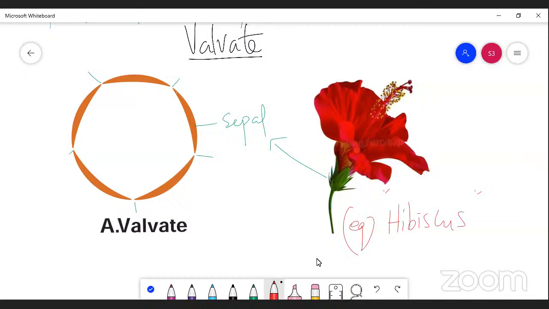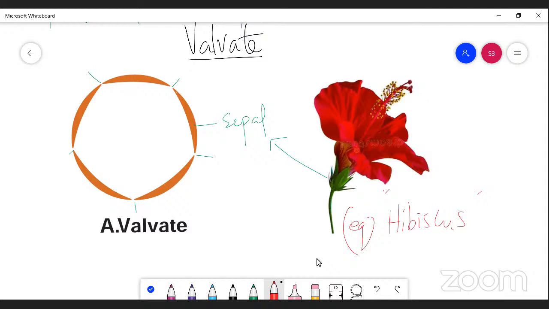I repeat once again, valvate distribution is a type of aestivation in which there will be 5 sepals, all arranged without overlapping, but their edges slightly met or fused at the base, right? For that I have given an example, Hibiscus rosa-sinensis. In that, the green part of the flower, a group of sepals, is called the calyx. The calyx is arranged in this manner, valvate distribution, right?